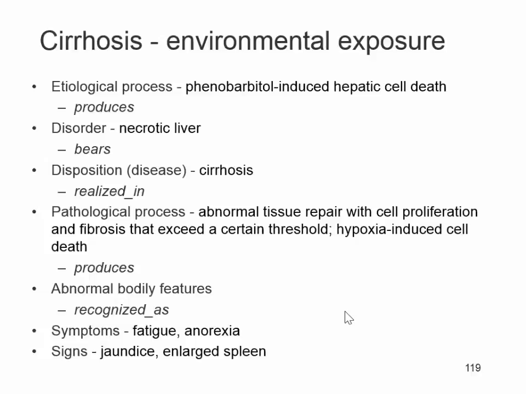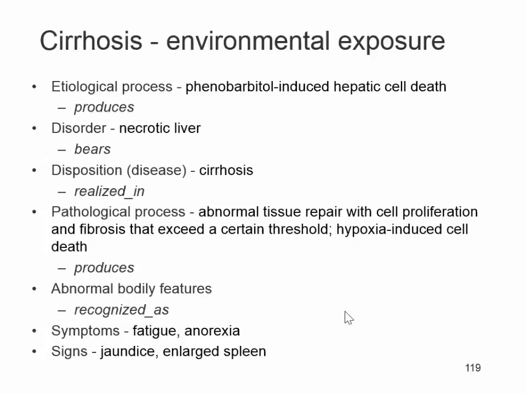And this produces abnormal bodily features in the form of symptoms such as fatigue and anorexia, and signs of jaundice and an enlarged spleen. The signs can be seen by both the doctor and or the patient. The symptoms can only be experienced by the patient.